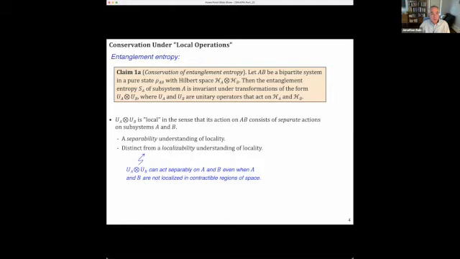All right, so that's the claim that entanglement entropy is conserved under local operations. So what is the dual claim about minimal area cross-section for wormholes? This appears in an article by Rimmon and colleagues from 2016.